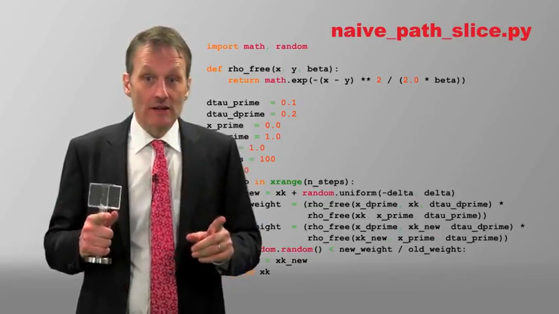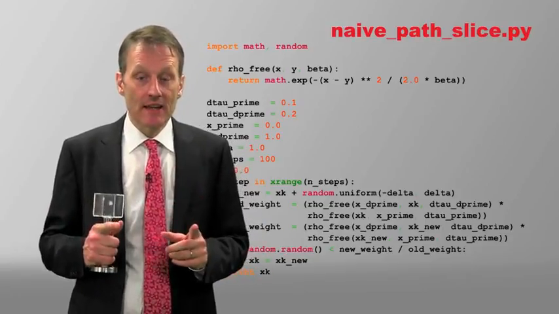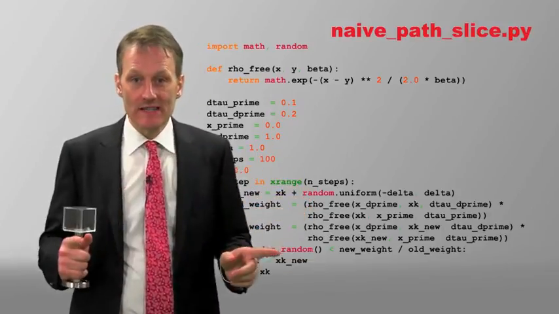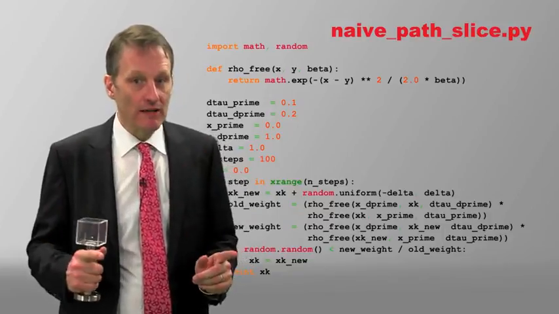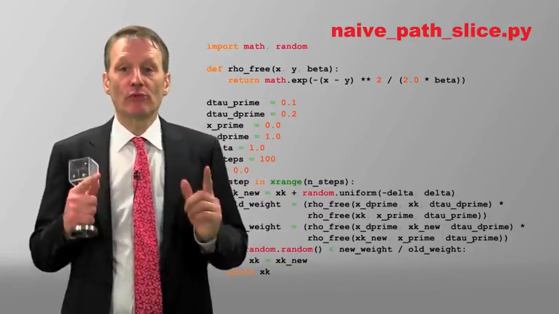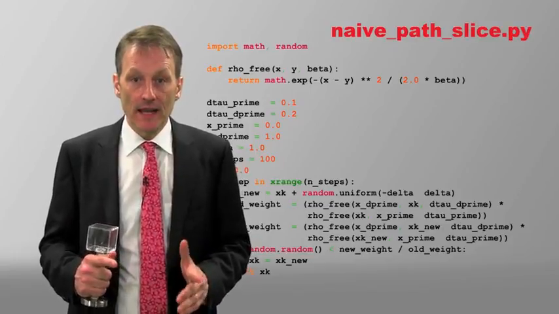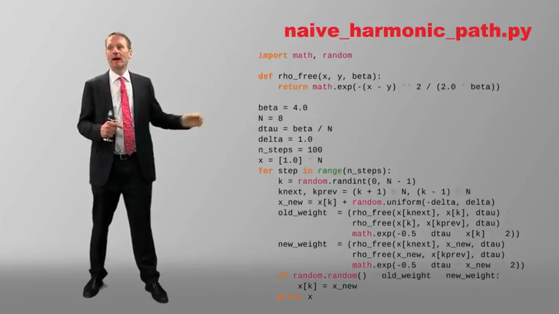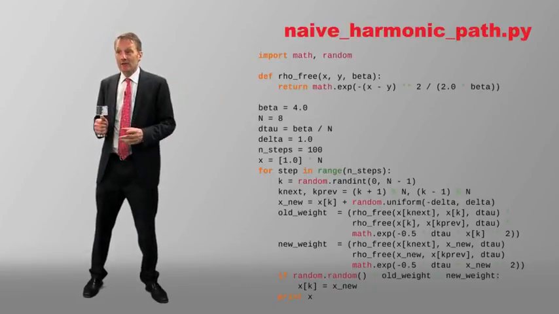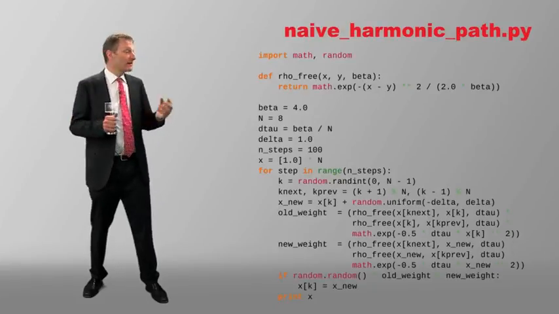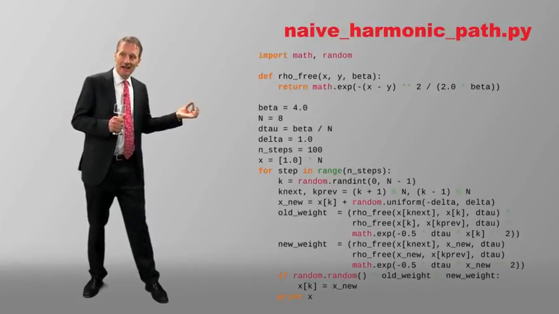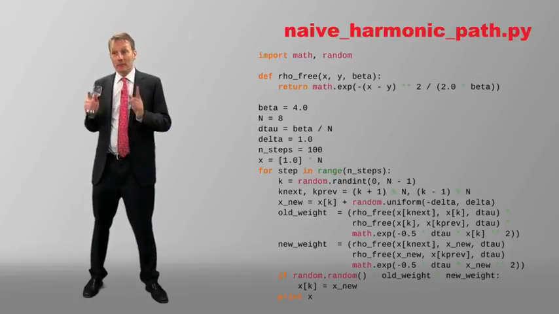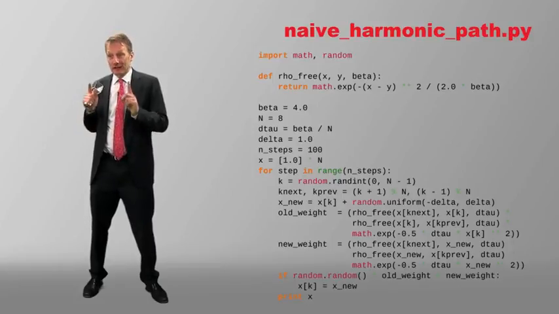In any case, running this program, you will understand that using the Metropolis algorithm in this situation is useless. You might just as well sample xk from the appropriate Gaussian. Then again, you'll find the naive_harmonic_path.py. In this algorithm, you could replace the Metropolis algorithm for the xk by the Gaussian direct sampling. But better wait for greater things to come.